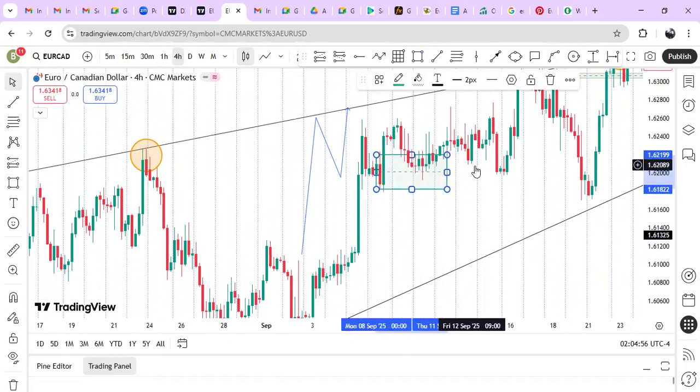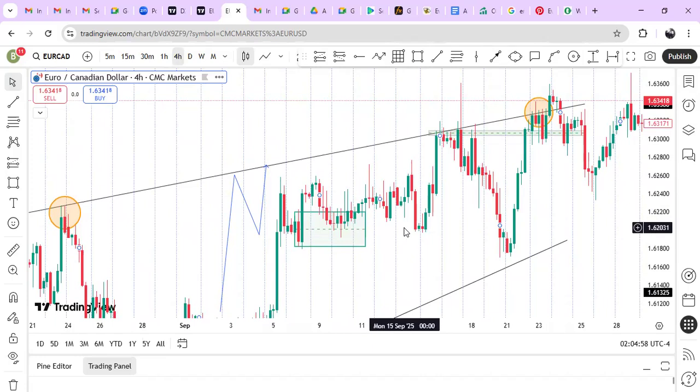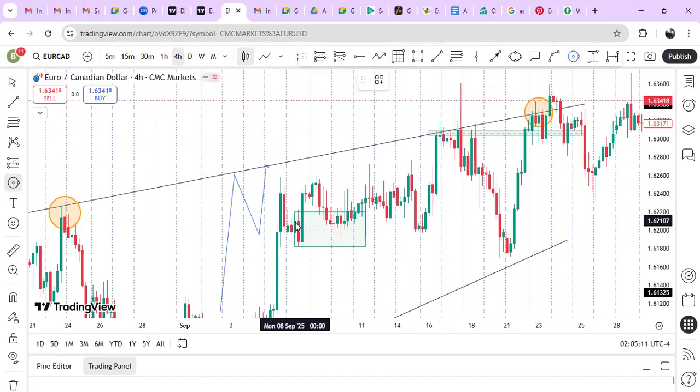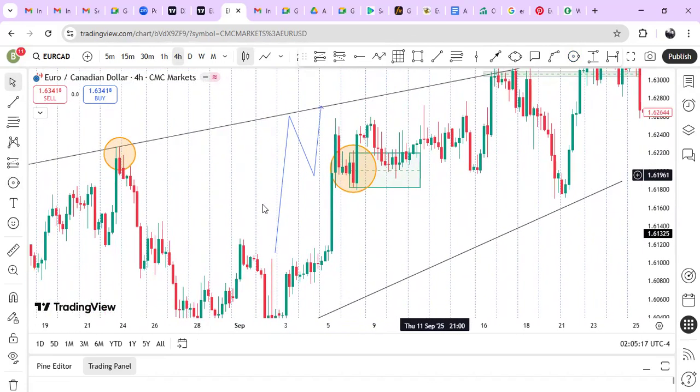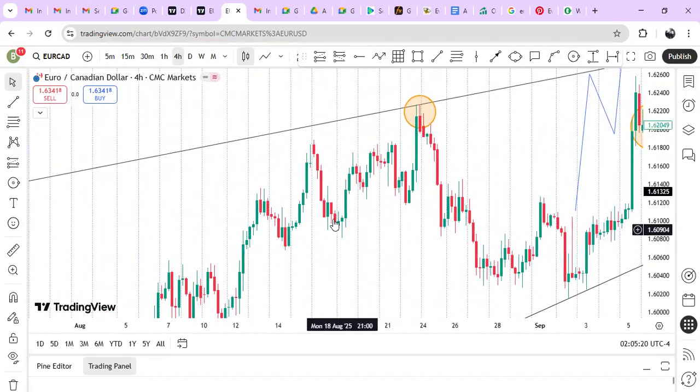See what happened afterwards. It was a nice demand zone for buys. Had this push to the upside. Very nice engulfing candle happened here and we saw the push to the upside. An engulfing candle here tells us the selling trend has finished, and this one wants to continue the upside.